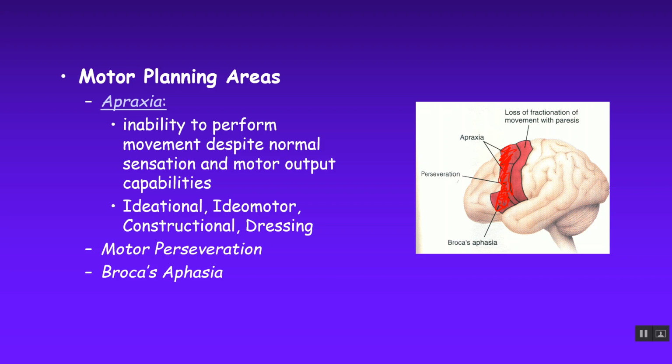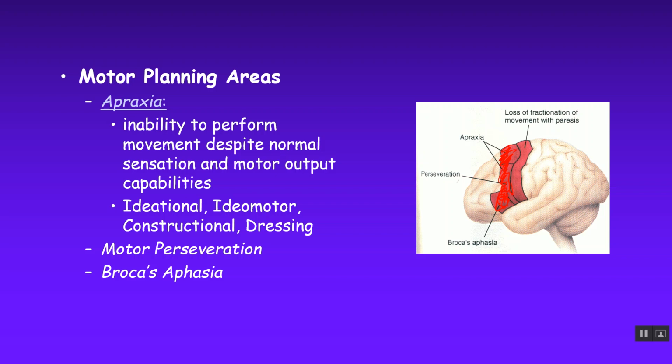That's ideational apraxia. Ideomotor apraxia is they are able to move and start to try to use the object or do the task, but they do it improperly or ineffectively. And it's not because they have any weakness or sensory problems. So in this case, you say, go ahead and put the toothpaste on the toothbrush and brush your teeth.